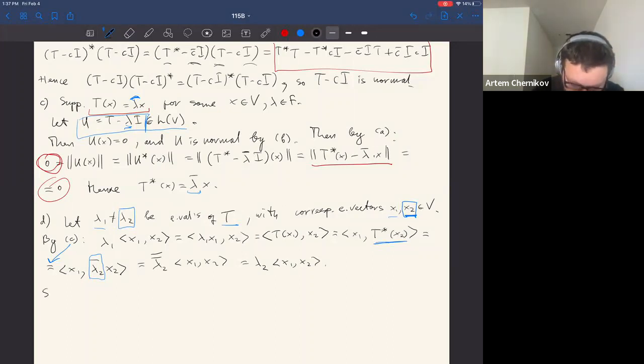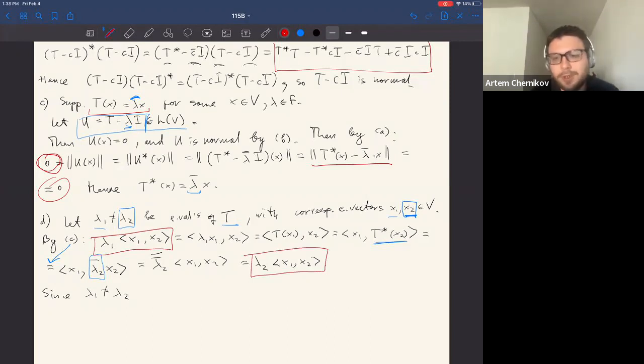Okay. And remember, by assumption, lambda 1 is not equal to lambda 2, but we have this equality here, that lambda 1 times the inner product of x1 and x2 is equal to lambda 2 times the inner product of x1, x2. So this equality can only happen when the inner product itself is 0.